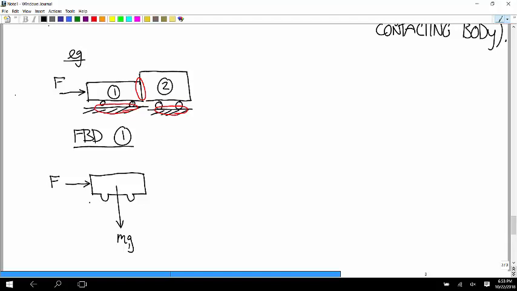So it's toward the wheel, away from the ground, so up. And I'll call this N1. That capital N stands for normal force, and normal means perpendicular, so it makes sense why you would call that a normal force, but I'll talk about it in more detail later.